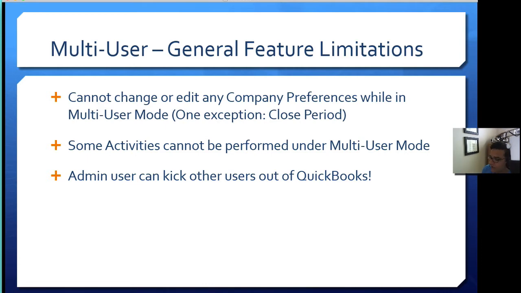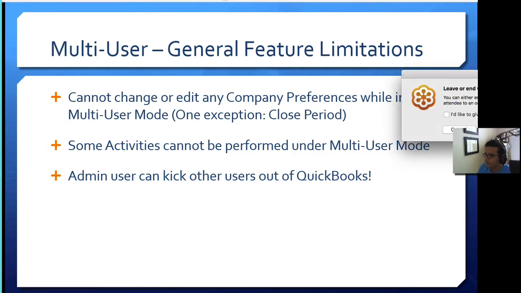And as I mentioned, there are other activities that cannot be performed while in multi-user mode, like, for example, merging list items. That cannot be done in multi-user mode, no matter whether you have Enterprise or not. So there's a couple of things that you just cannot do. And another really important thing to keep in mind is that the admin user can kick users out of QuickBooks. So I'll discuss that as well.